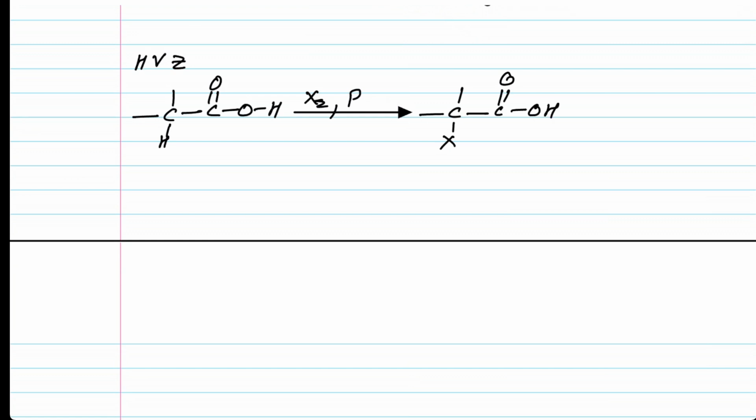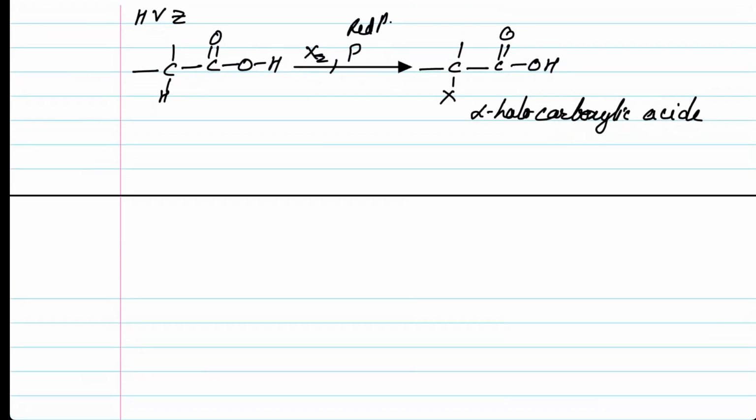So we are able to get alpha halocarboxylic acids. This is what we call the Hell-Volhard-Zelinsky reaction. Here, the phosphorus is red phosphorus. A simple reaction, the HVZ reaction.